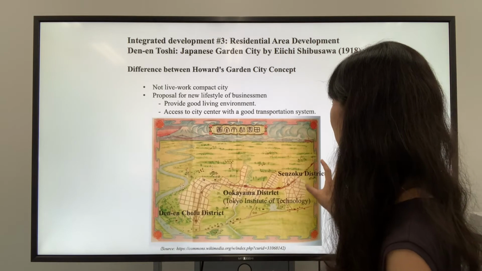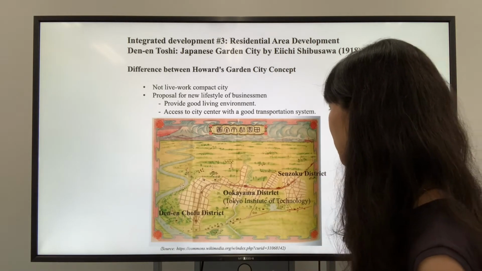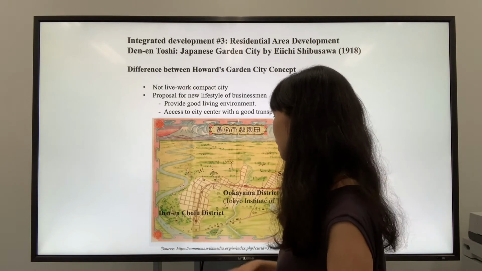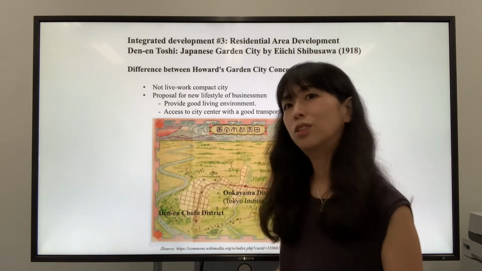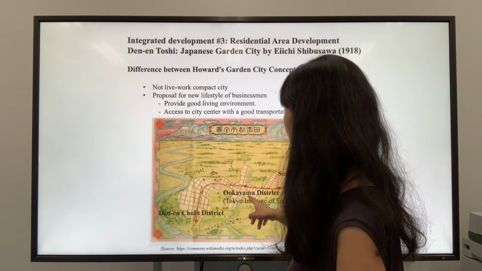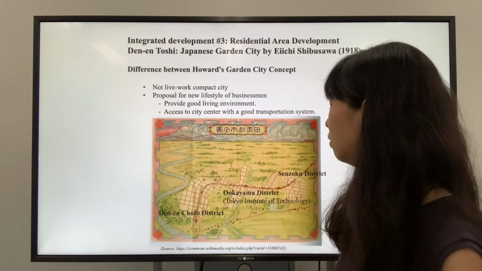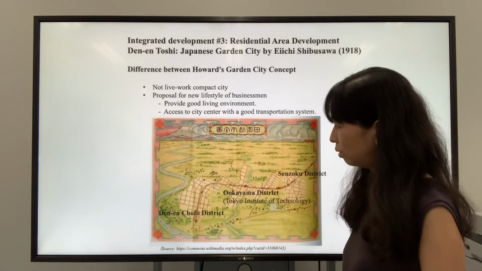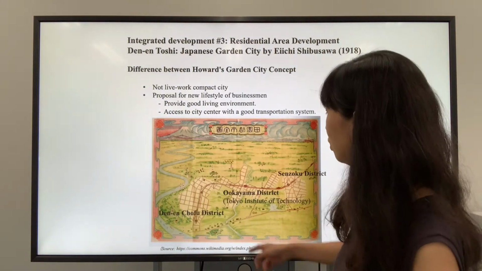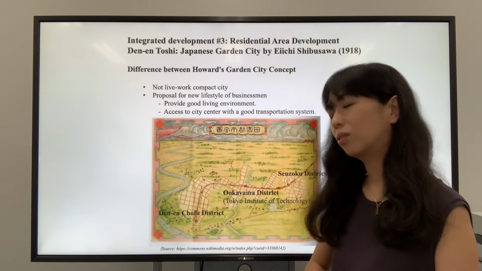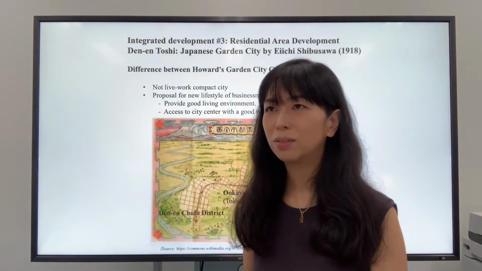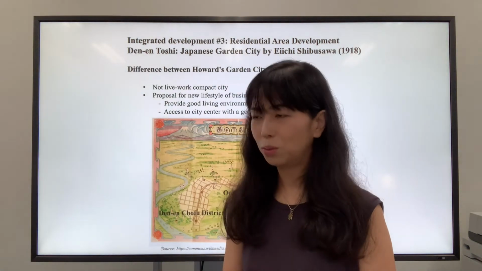One of them is called Senzoku District. Another one, Okayama District, and the other one, Den-en-chofu District. And Okayama District is very famous because it has an important university located there, which is called Tokyo Institute of Technology. So again, it's the same concept of what I've explained before.